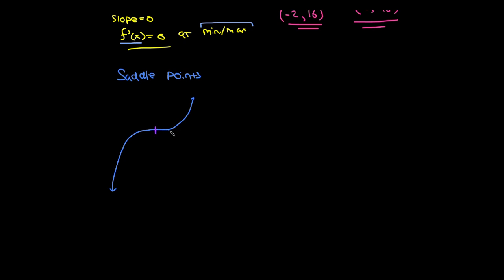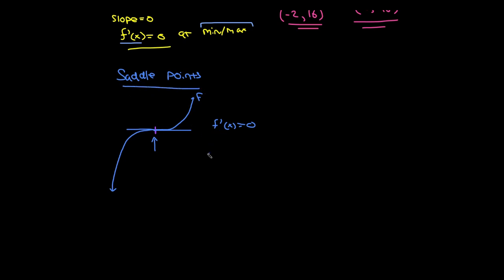So right here, if you were to solve the equation that the derivative of f is equal to 0, you'd find this point, because the tangent line is horizontal here, but it's not really an extreme value. It's what we call a saddle point.